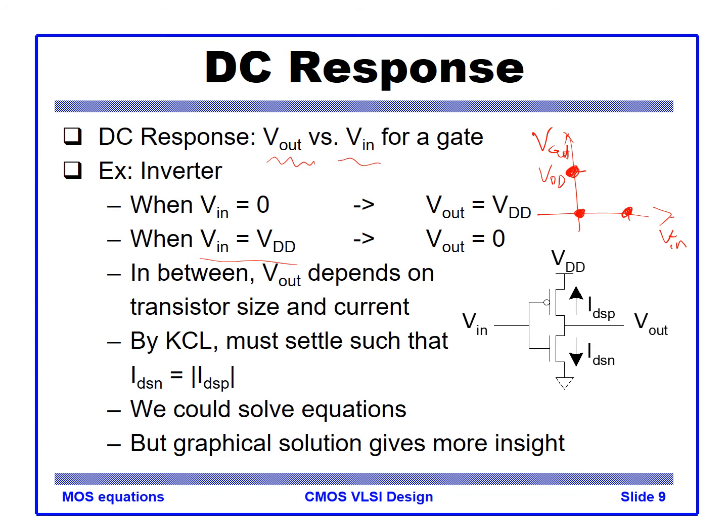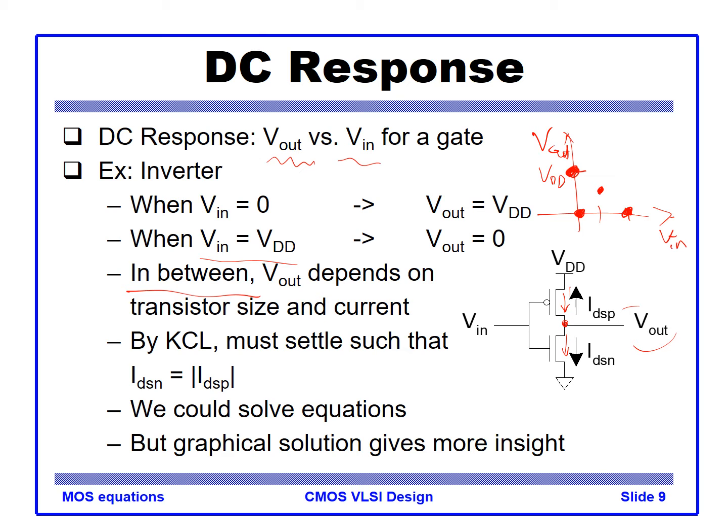So we have two operating points, and then in between: when the input is, let's say, half VDD, the pull up and pull down currents match, so the output will be somewhere between VDD and ground.